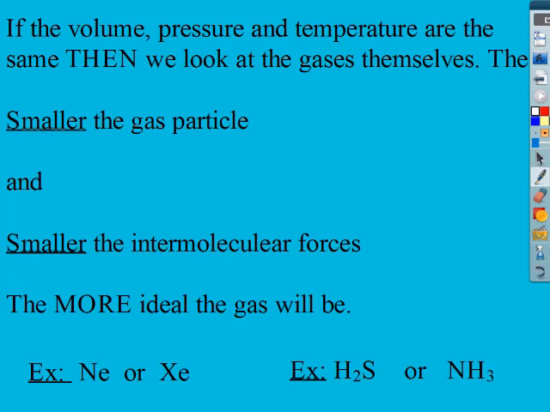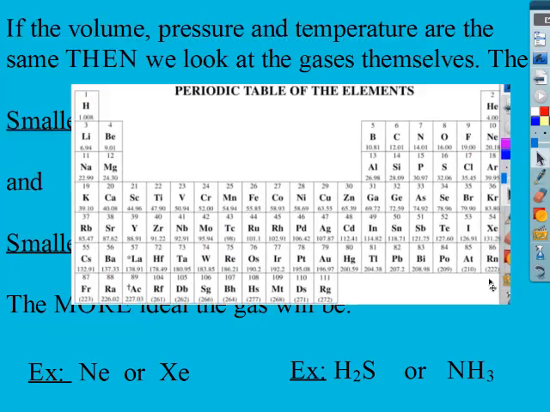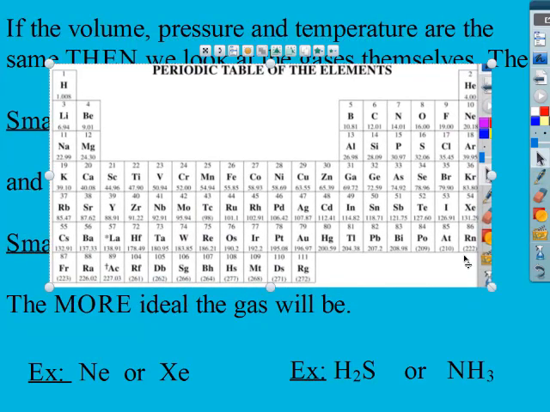So on here it says, which is more ideal? Well, first I'm going to look at size. Neon and xenon are both noble gases. Neon is much smaller, therefore it's going to be more ideal.